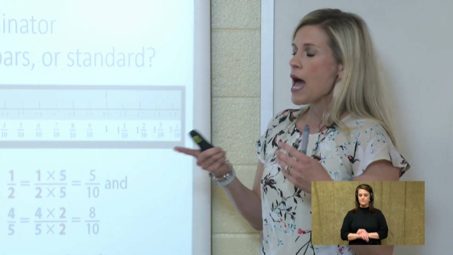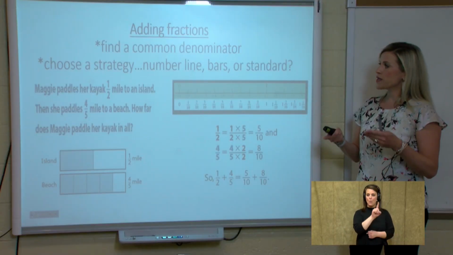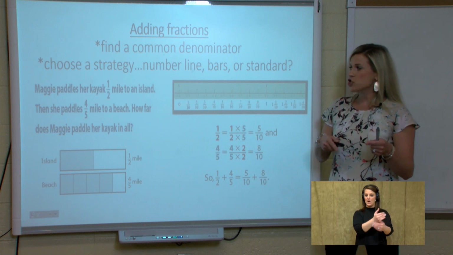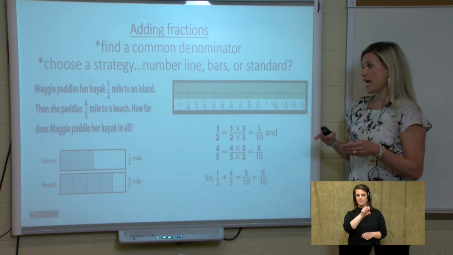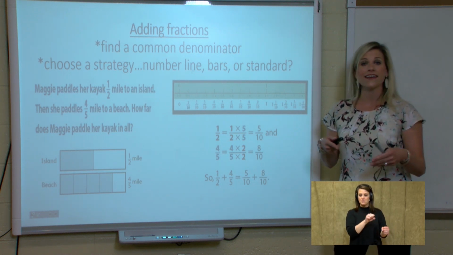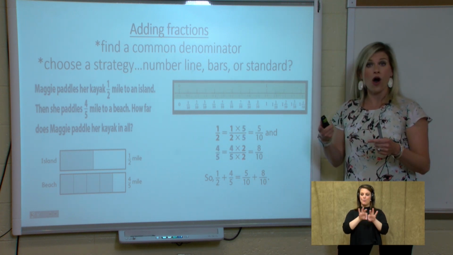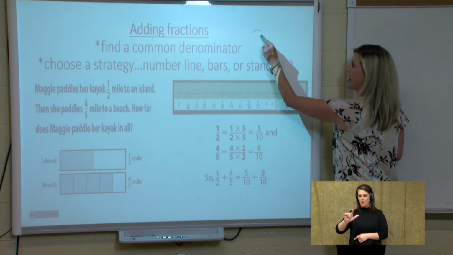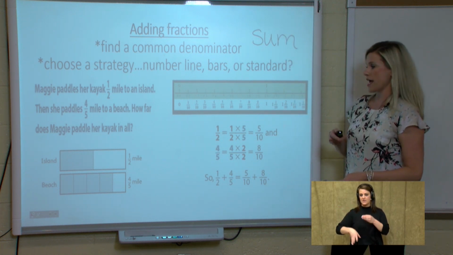It says, Maggie paddles her kayak 1/2 mile to an island. Then she paddles 4/5 mile to a beach. How far does Maggie paddle her kayak in all? All right, keywords, in all. So I know I'm going to find the sum, and we're going to be adding our fractions.